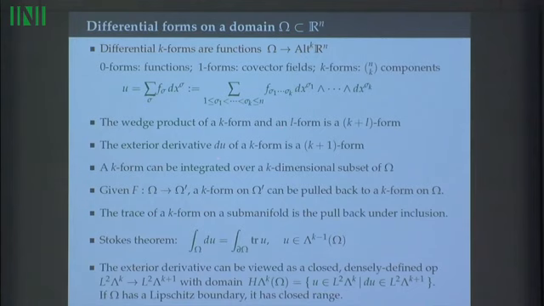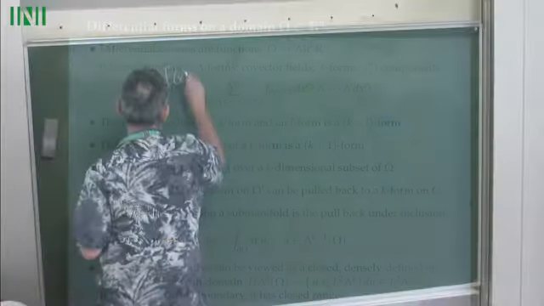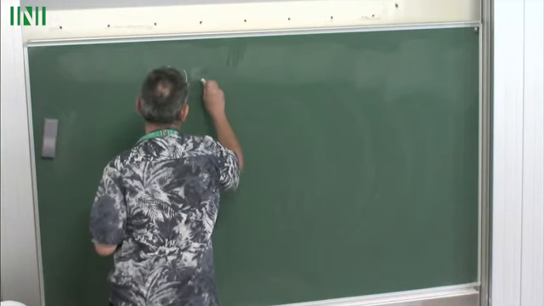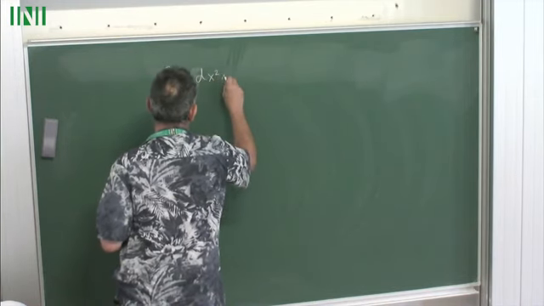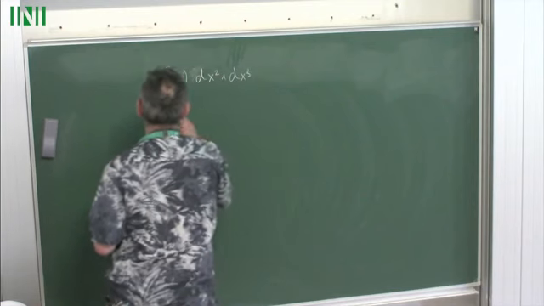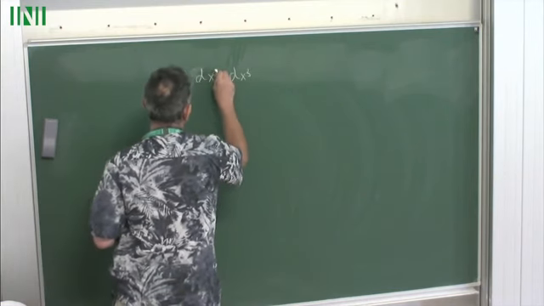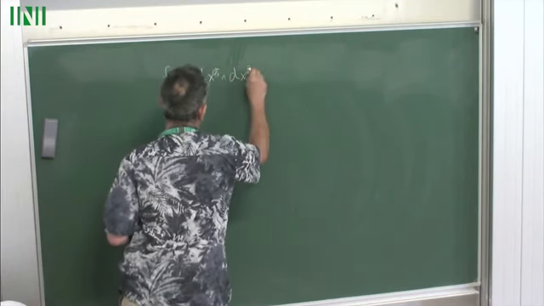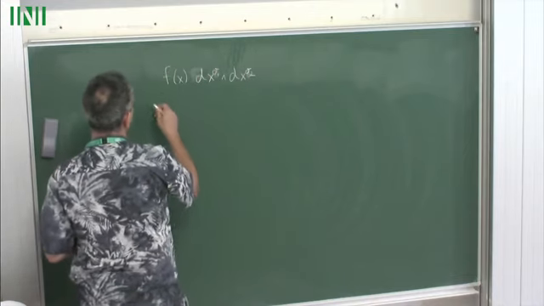The exterior derivative, which I probably should put down in terms of components. If you have f of x times one of these things like dx2 wedge dx3, or dx sigma 1 wedge dx sigma 2, I'll do it for a 2 form, but this is a general thing.